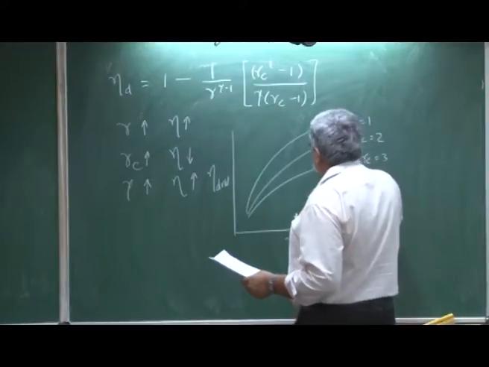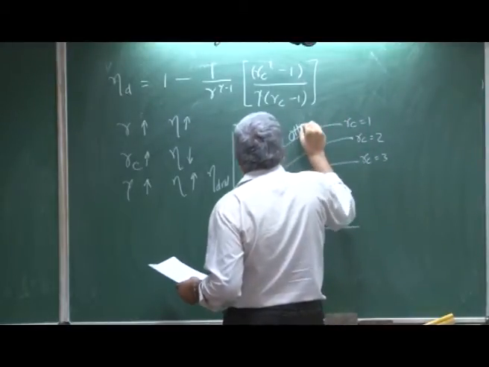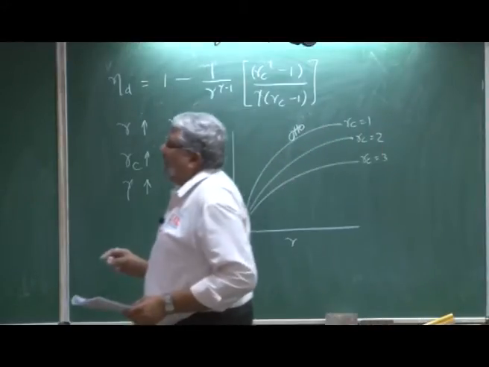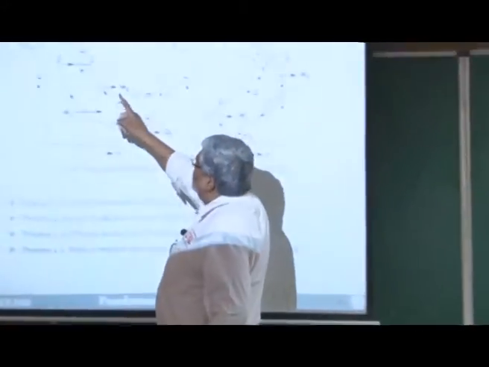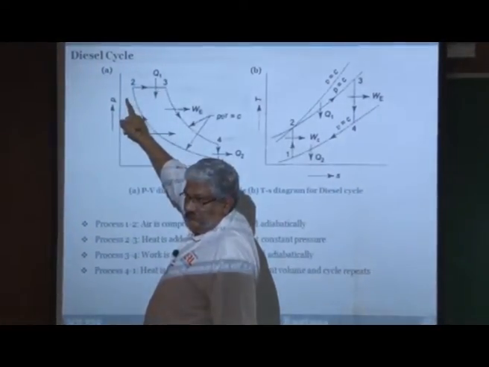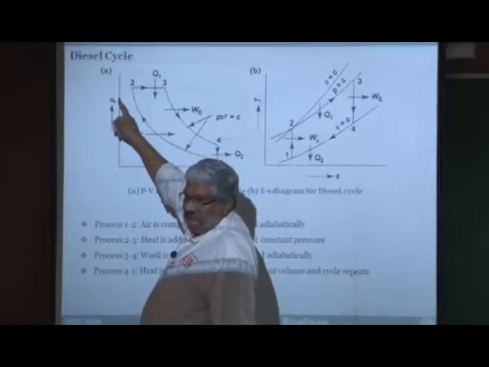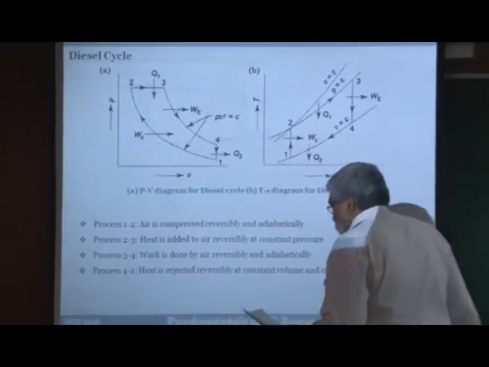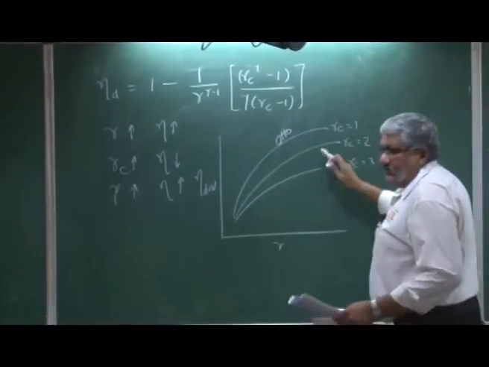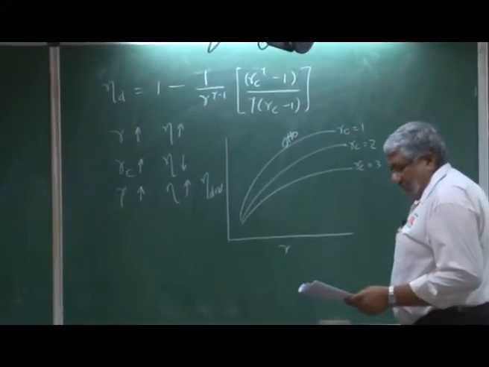This will be Otto cycle efficiency. Okay? Because when RC is 1, that means this point will merge here. So this will become Otto cycle. Okay? So if the RC changes, you can see that the efficiency is falling.